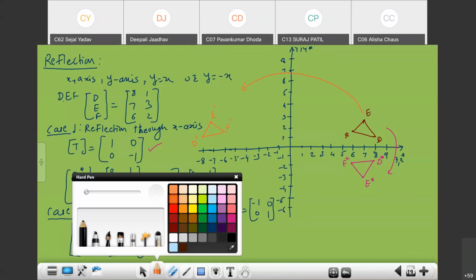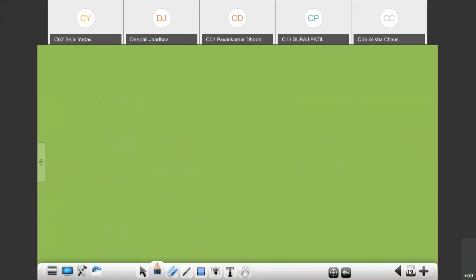Next case, case number 3, is reflection about the line y is equal to x. In this case, instead of diagonal, off diagonal points are used.